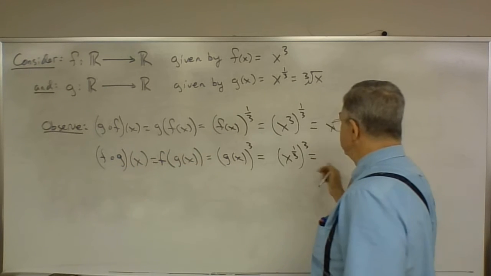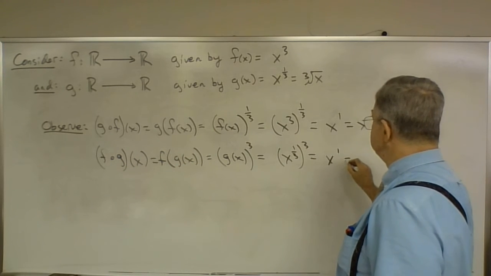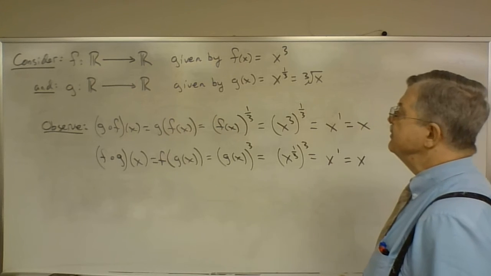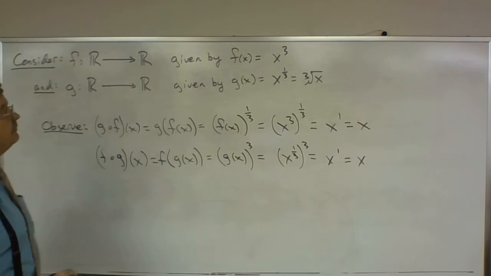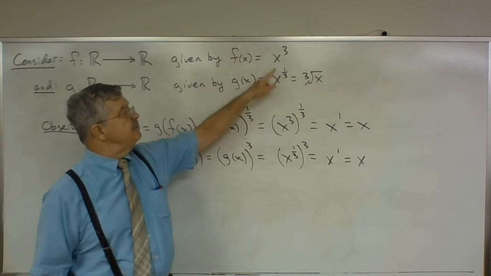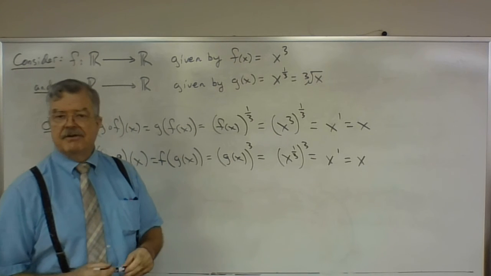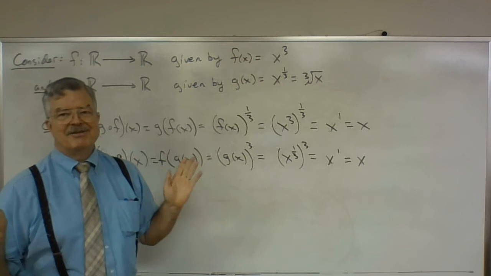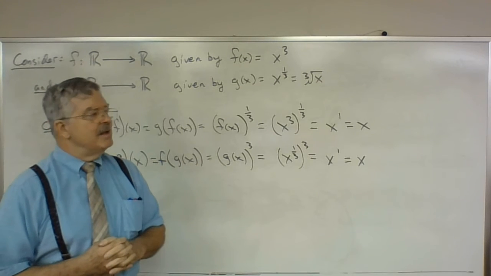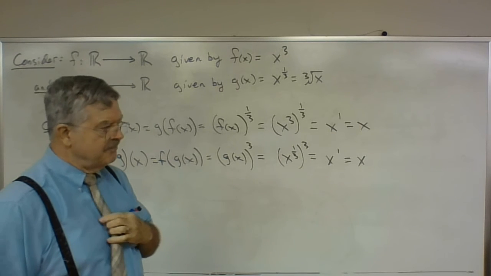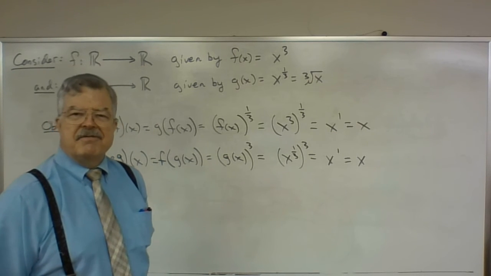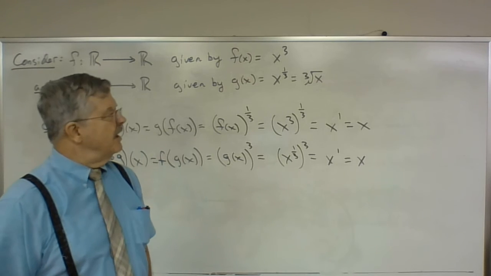And again, the exponents multiply, we get x to the first, or just x. So these two functions, x cubed and x to the 1/3, are inverses of each other, as if we didn't know. But these are some examples that we want to look at just to get a feel for what an inverse does.